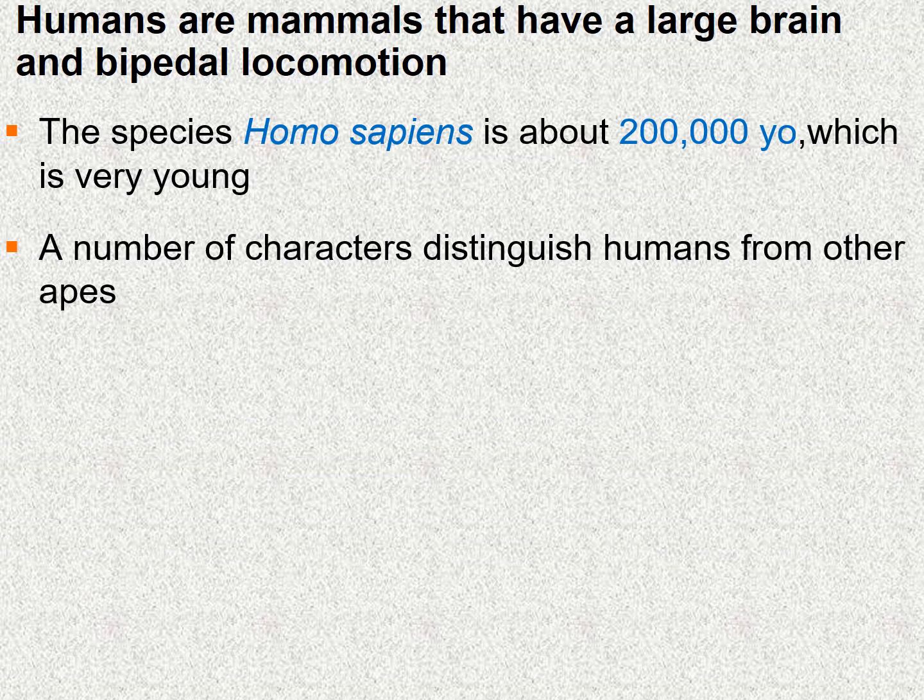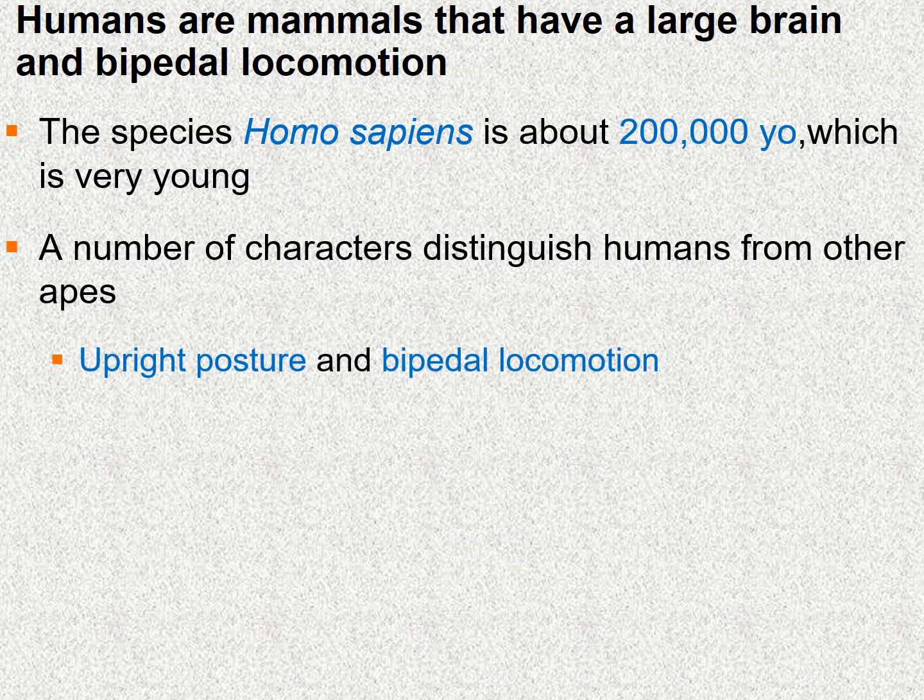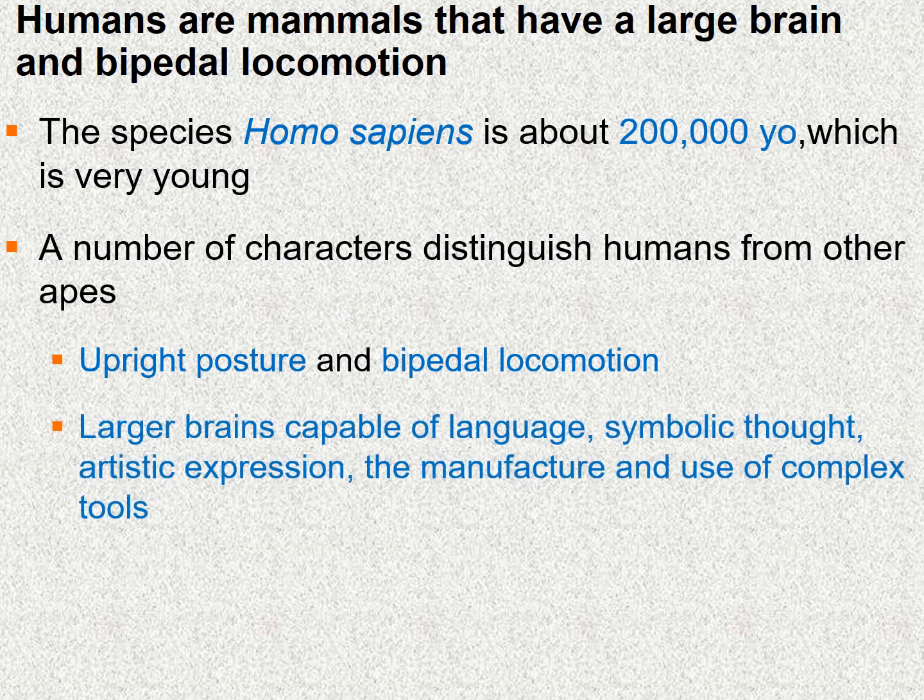There are a number of characters that distinguish humans from the other apes and, of course, the other primates as well. They have upright posture and bipedal locomotion, meaning that they do not use all fours, their arms and legs, to walk or move around. They use only two legs.